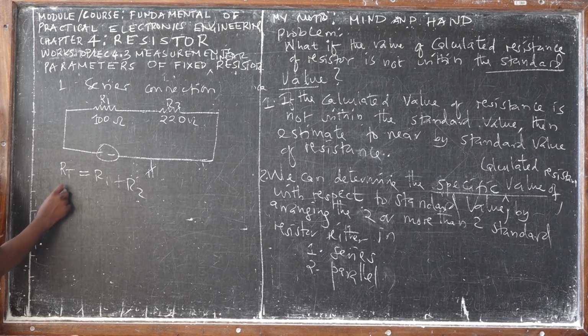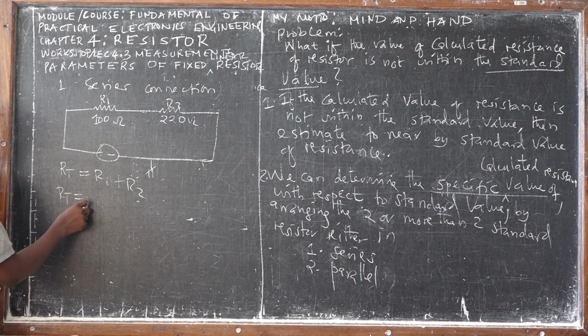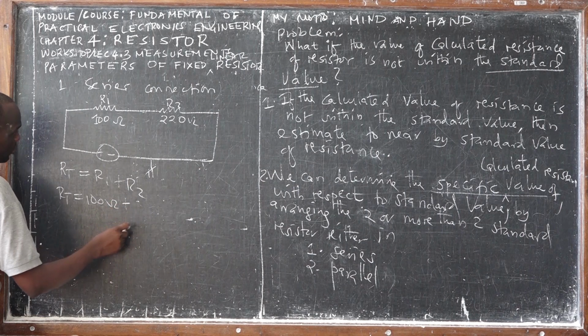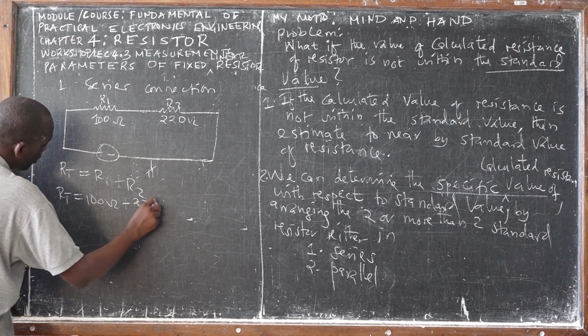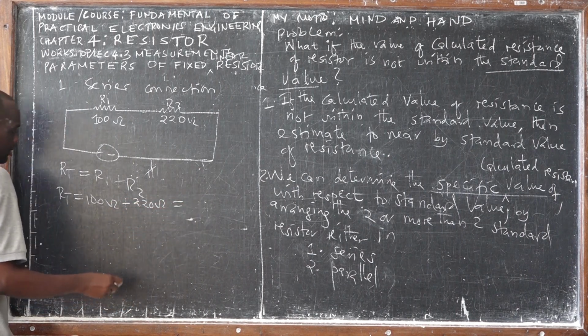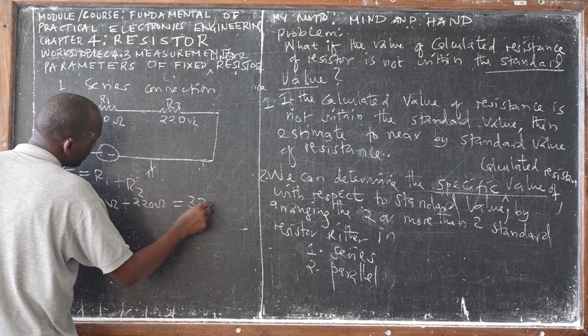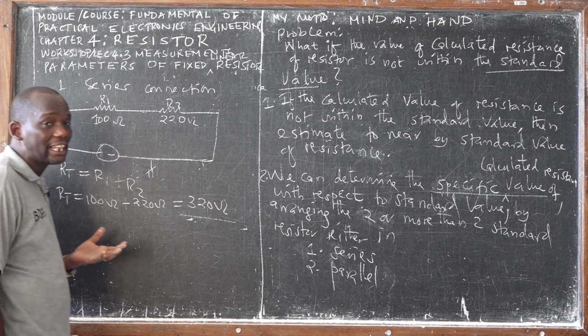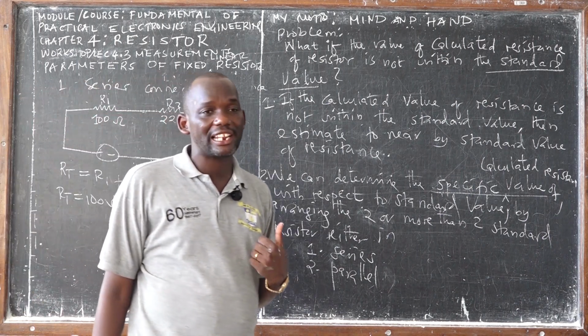To find the total resistance for that circuit, it will be 100 ohm plus 220 ohm. The answer is 320 ohm. So 320 ohm can be obtained theoretically in calculation, but it's not a standard resistor.